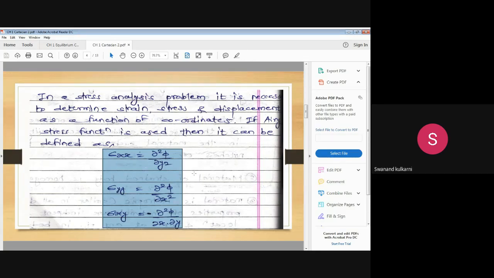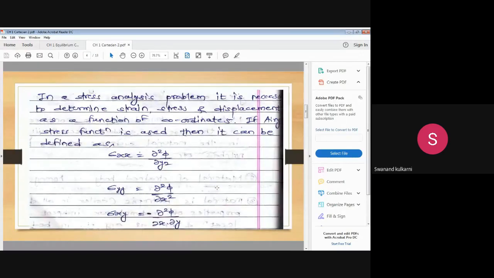And sigma xy is equal to minus dou 2 phi by dou x dou y. Is it okay? So try to understand these concepts of the stresses, sigma xx, sigma yy, and sigma xy.